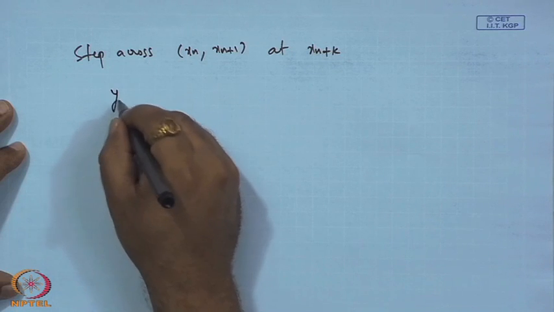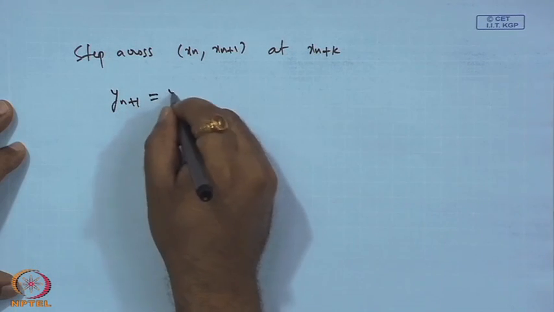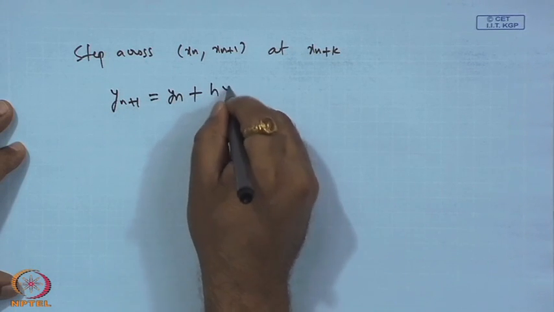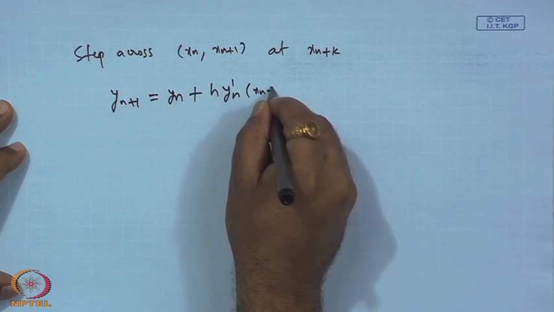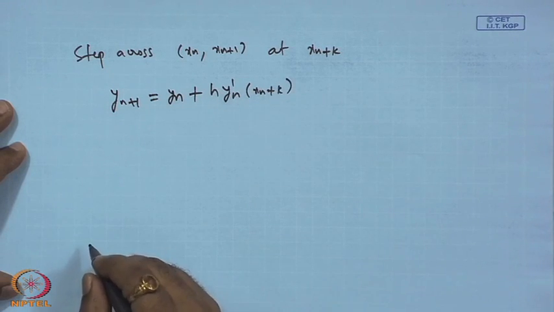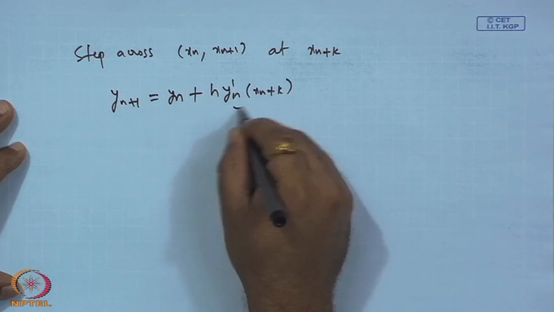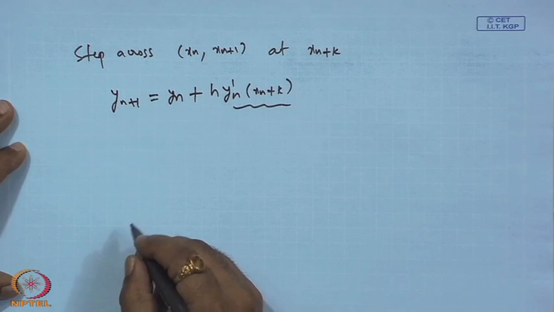Okay. So, then we get y dashed of x n plus k. So, now it depends what kind of approximation we go for.